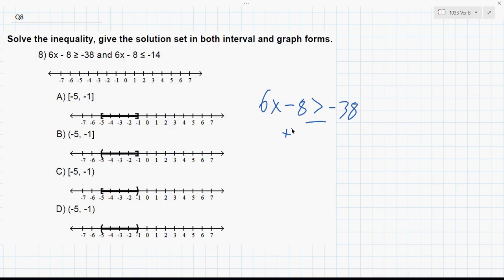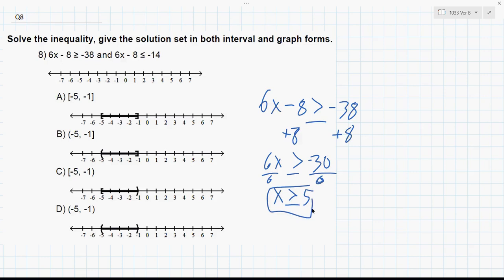So in this scenario, I'm going to add 8 to both sides, which is going to leave me with 6x is greater than or equal to a negative 30, which then, because we're going to divide both sides by 6, x is greater than or equal to negative 5. So that's going to be one of our answers. And so this means that we're going to have them overlapping. Negative 5. Oh, yep. My bad, negative 5.